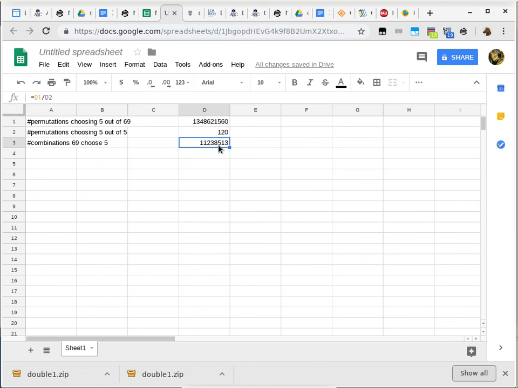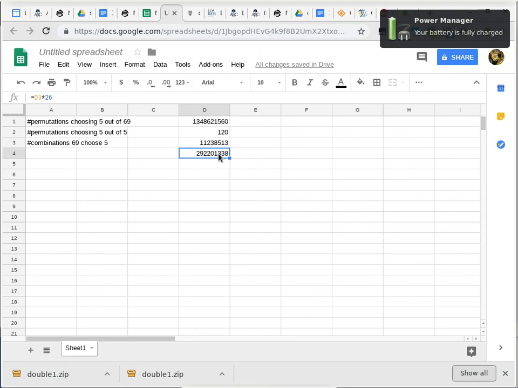But remember, to win the jackpot, you also have to match the Powerball number. I think the Powerball goes from 1 to 26? So that means I have to multiply this number by 26. This number should give us the odds of winning. In other words, your odds of winning is 1 divided by this number.